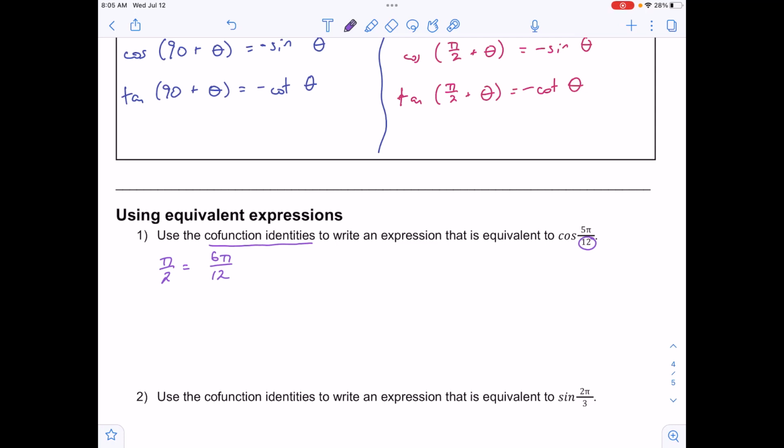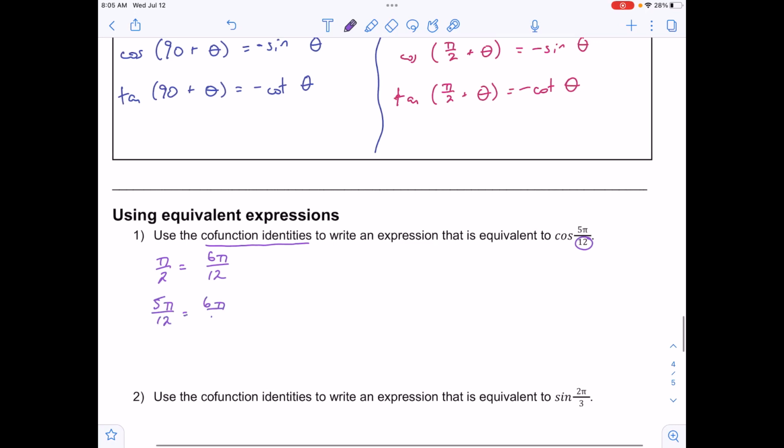And how do we get 5 pi by 12? Well, you would take 6 pi by 12 and subtract pi by 12. Or, we already said 6 pi by 12 is the same thing as pi over 2. So 5 pi by 12 is pi by 2 minus pi by 12. Okay, how is this useful?